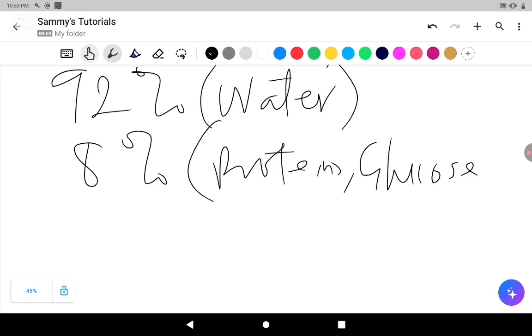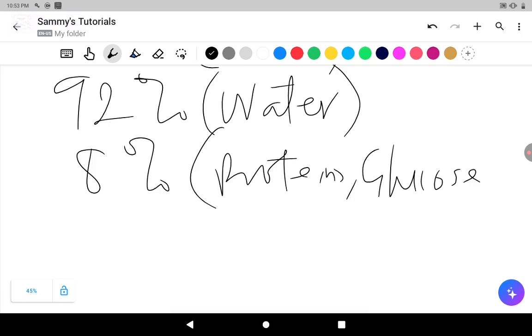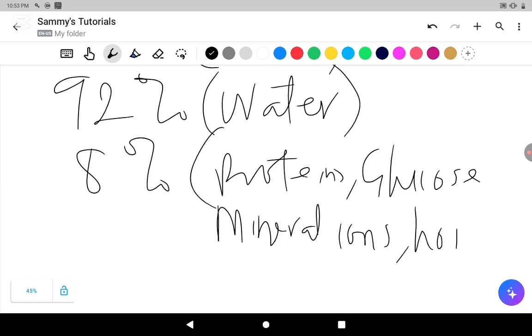I know you've heard of glucose before, and you'll study it more when you get to your 200 level and above. Examples of nutrients again are mineral ions or mineral salts, as you generally know it from your secondary school. It's the same thing. Then finally, another example of a nutrient is hormones.